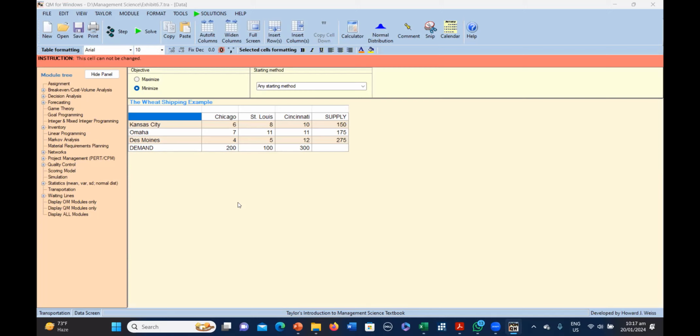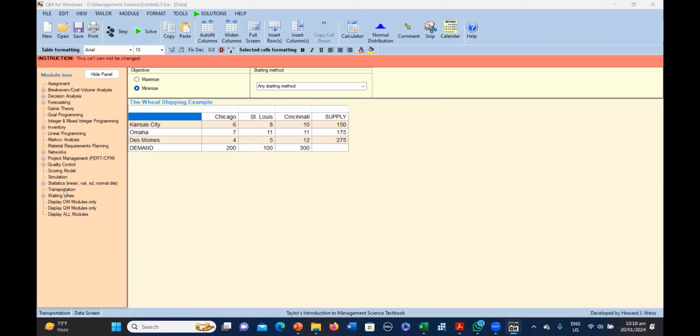When you are in the Excel QM for Windows interface, this is already open so that I can show you how to enter the values, because we have already entered this one.